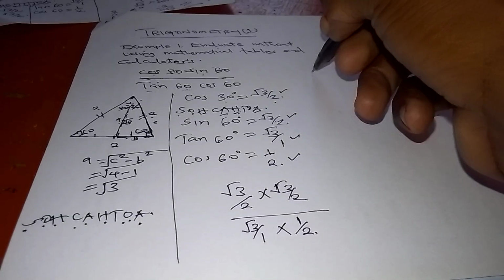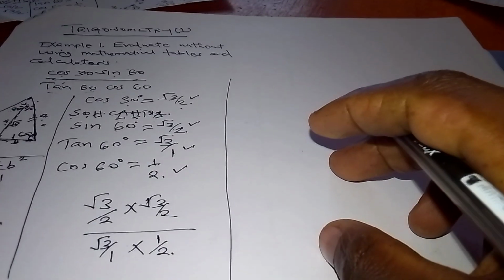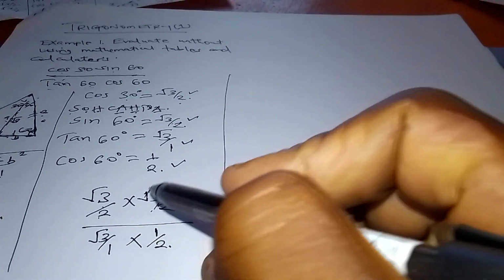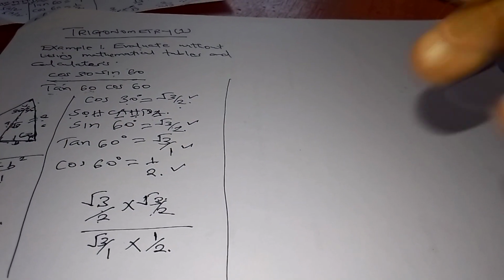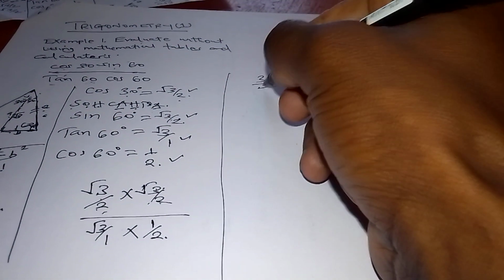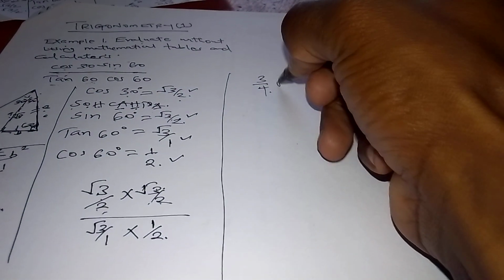Now we can solve the whole thing together. Let us first solve the numerator and the denominator. Root 3 times root 3 is the same as root 9, which is 3, all over 2 times 2 is 4. This is the numerator.